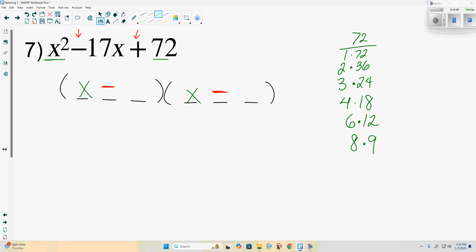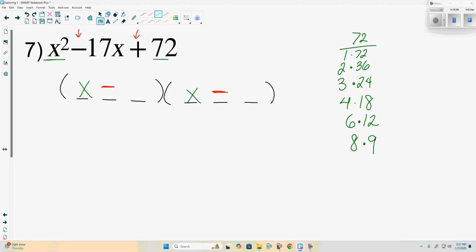One of the nice ways to know if you have all the factors is when you're listing those factors out, especially increasing on the left-hand side. If the right-hand side of that column meets the left, we're done. Because the only number after 8, well, the next one would be what? 9. It's already listed. We don't have any others. But now the question is, which one of these sets of factors do we want to try first?